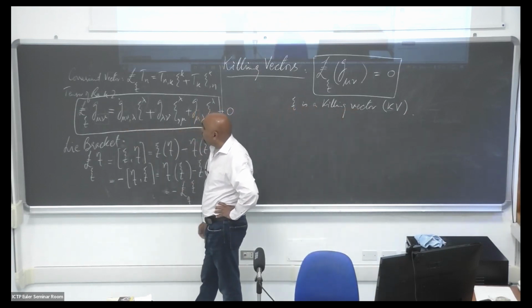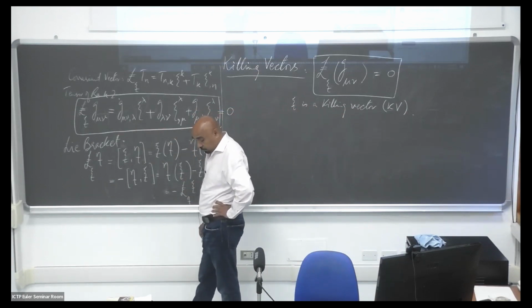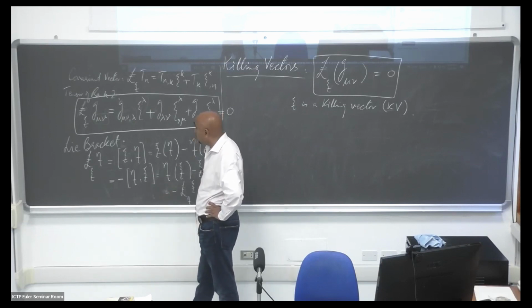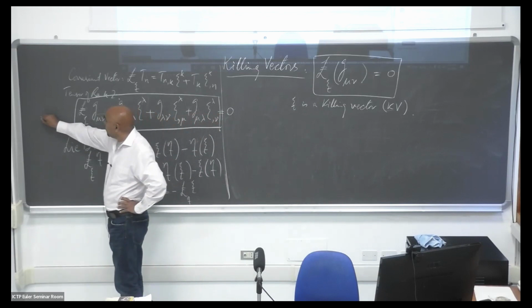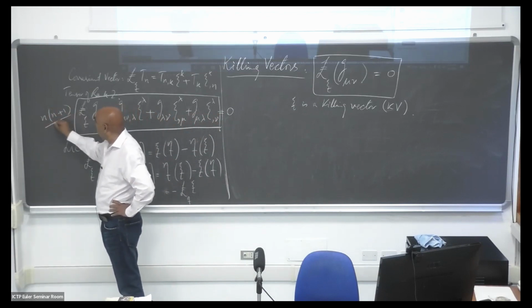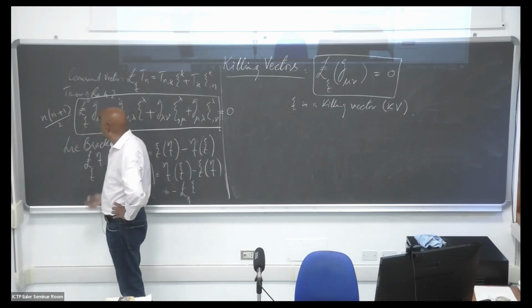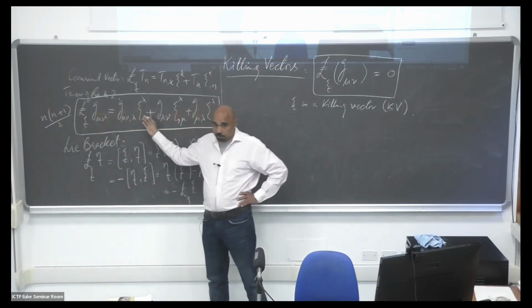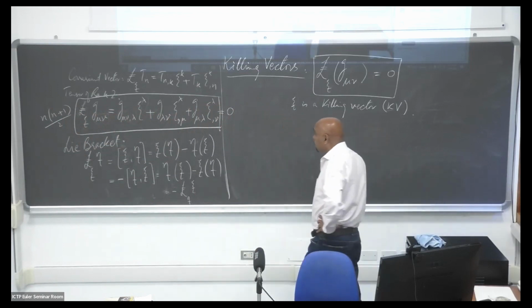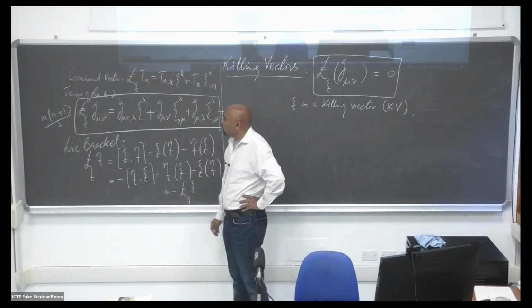Somebody asked how we know how many equations we have. If it's a symmetric object with two indices, then there are 10 equations. So in a four-dimensional space-time, these are actually 10 partial differential equations.